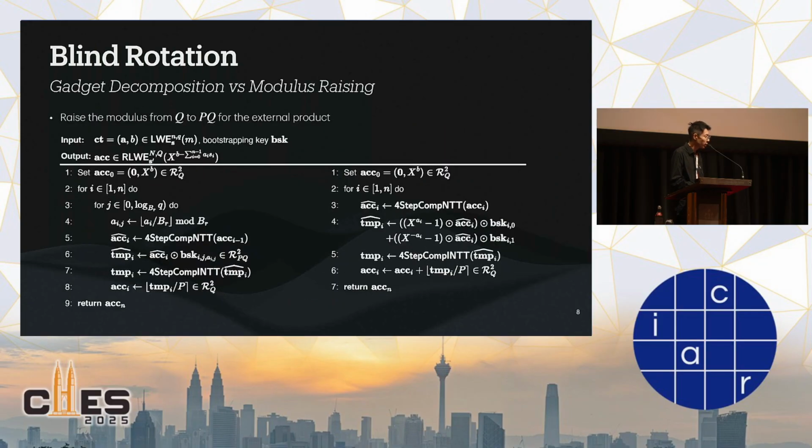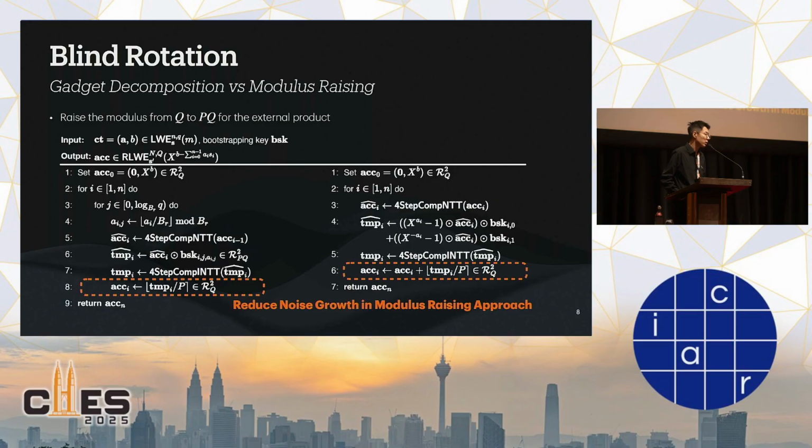And for the blind rotation, we applied the module tracing technique from the previous paper. Compared to the traditional gadget decomposition, it can achieve a more compact implementation in the blind rotation, but it's not the case for all parameter sets.